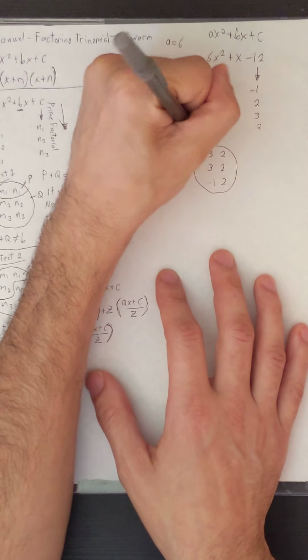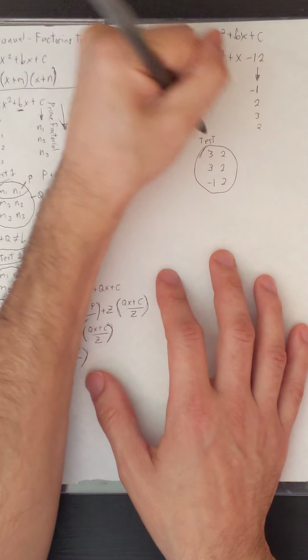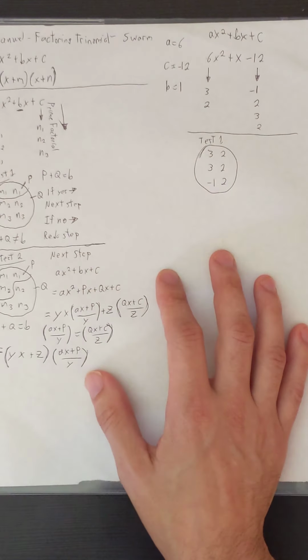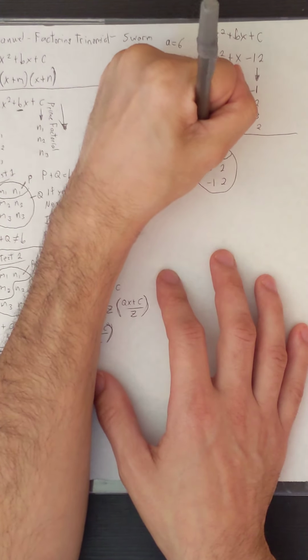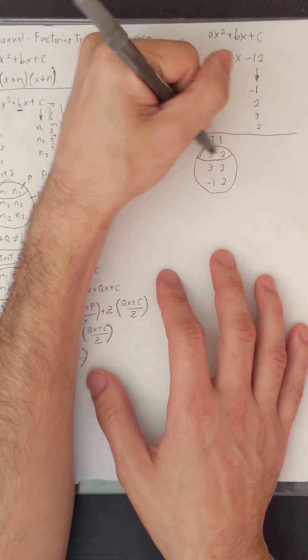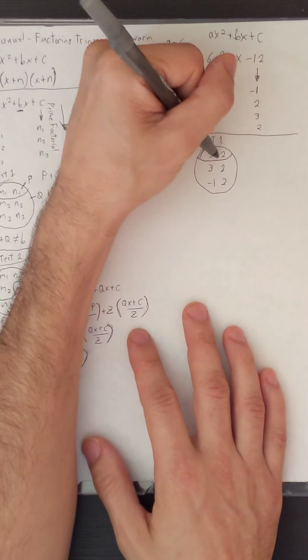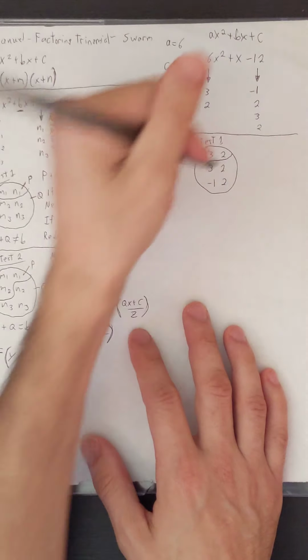Okay, that's our swarm. And let's say for test 1, we figure maybe this is going to be our answer. Maybe this time, this multiplied plus this multiplied is going to equal 1. Is it going to equal 1? Let's see.